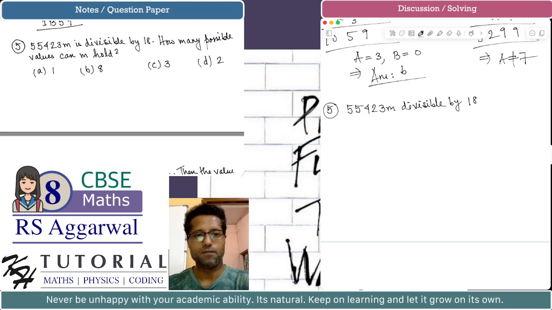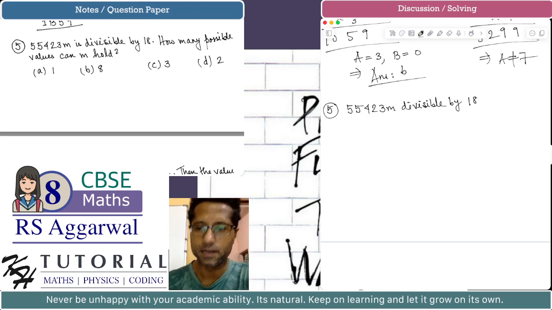How many possible values can m hold? So in the given, it is a 6-digit number 55423m. The digit at the units place is m, which is unknown, and this whole number is given to be divisible by 18. Then we have to find how many values m can hold.